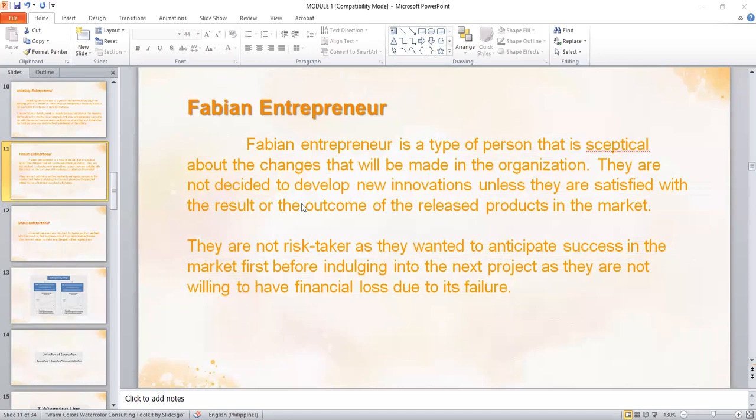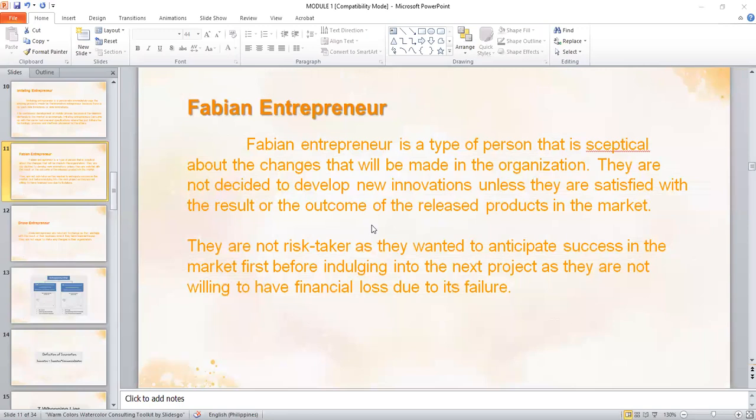Okay, thank you, Colleen. So what are these? If we're going to use our term in our vernacular language, these are the sigurista type of entrepreneur. They want to check first whether their currently introduced product in the market will earn.